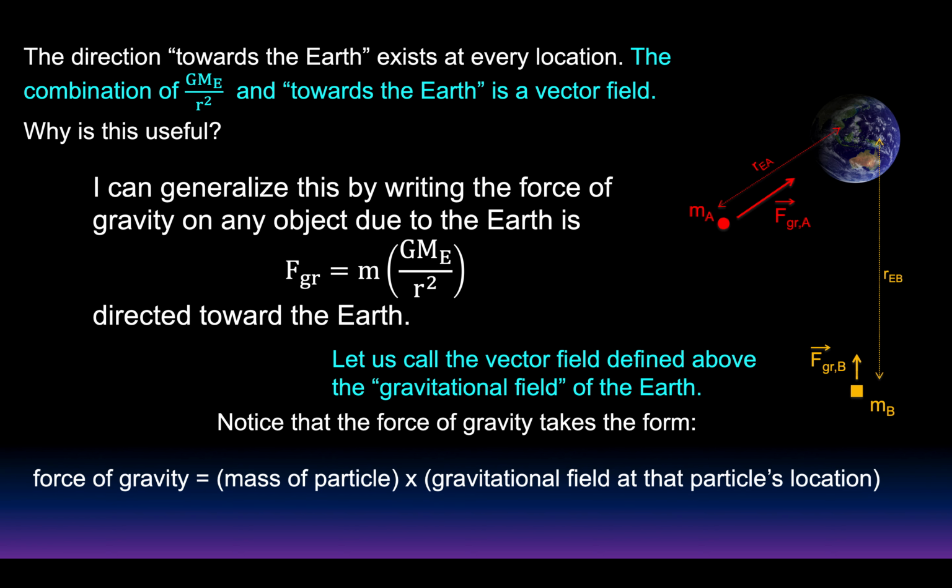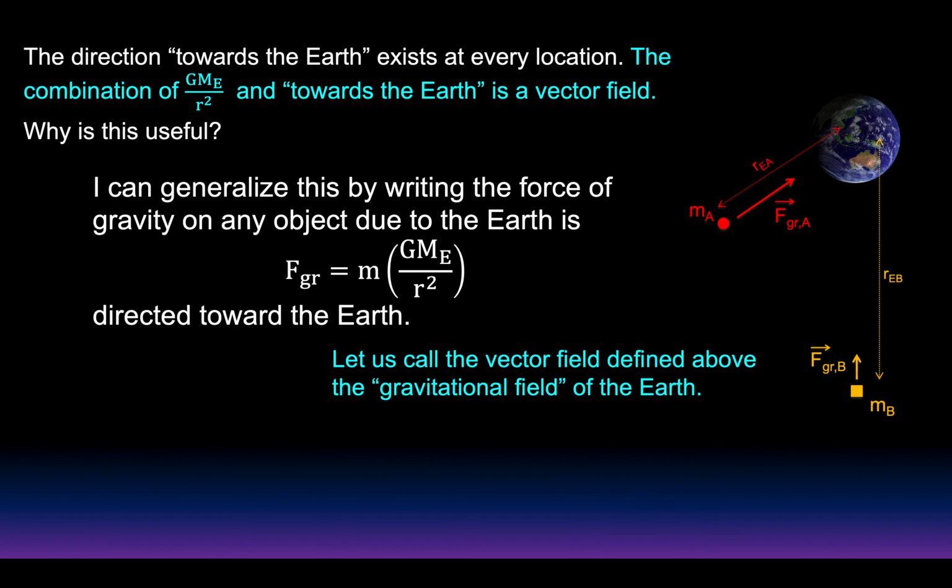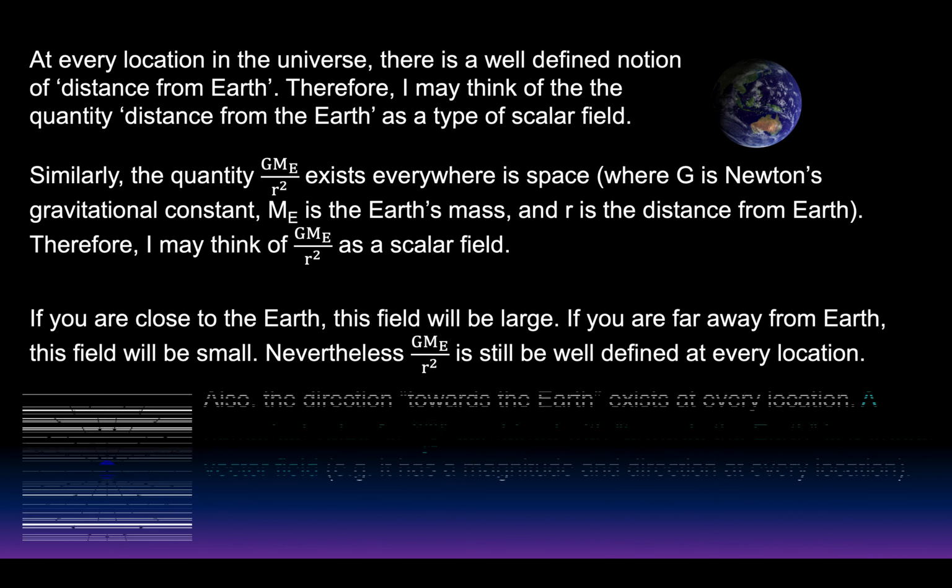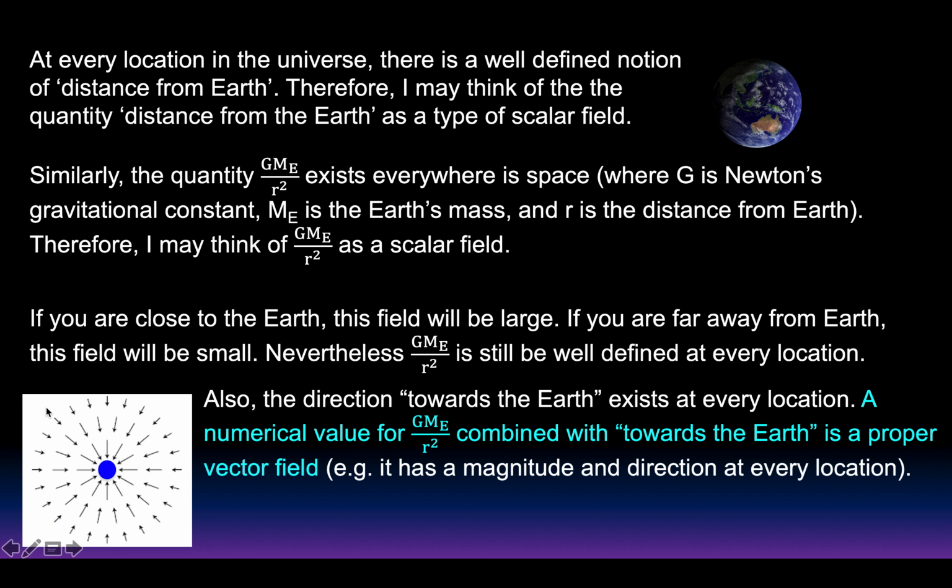Also, the direction of the gravitational field is pointed towards the Earth. At every location in the universe, there is a notion of towards the Earth and GM_E over r squared. So I imagine that whether or not this other particle exists, if the Earth exists, this gravitational field will exist at every location.